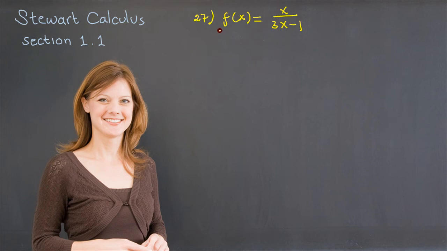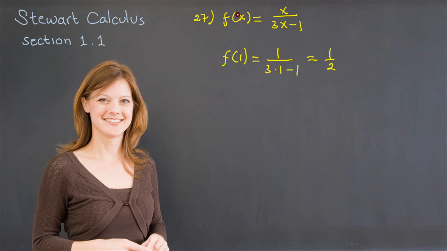Okay, the domain is the set of all x such that the function makes sense, or all possible inputs such that the output makes sense. So for example, if we give an input 1 to this function, f of 1 is 1 over 3 times 1 minus 1, which is 1 over 2.